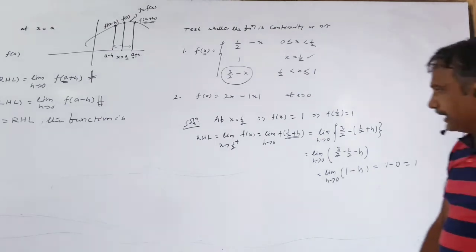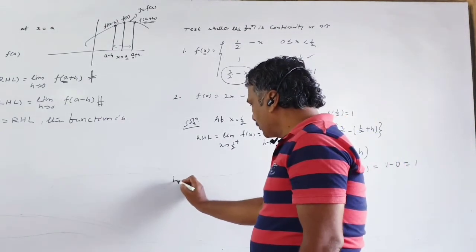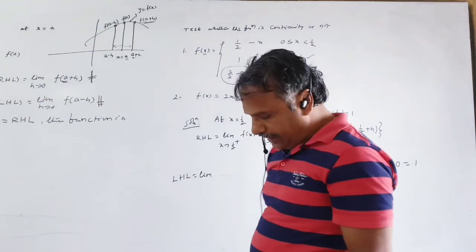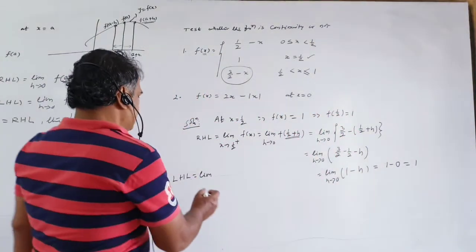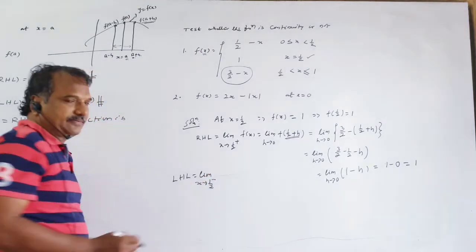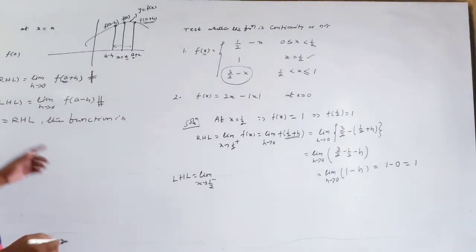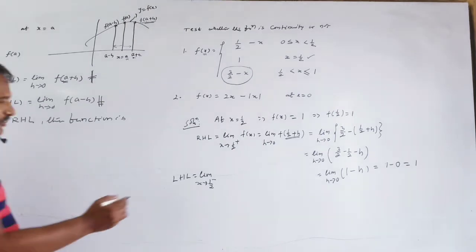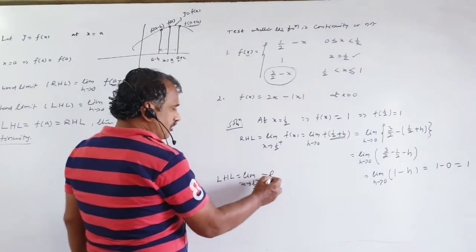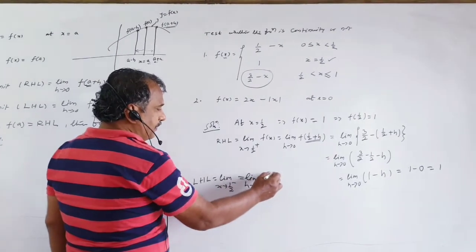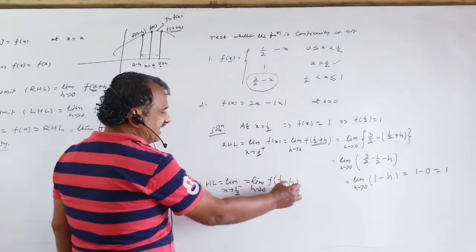Okay. Now, next one is to find out the left hand limit. Limit x tends to half minus. Okay. Less than half means this is the left hand limit, half minus. Or this one equal to limit x tends to 0 f of 1 by 2 minus x.